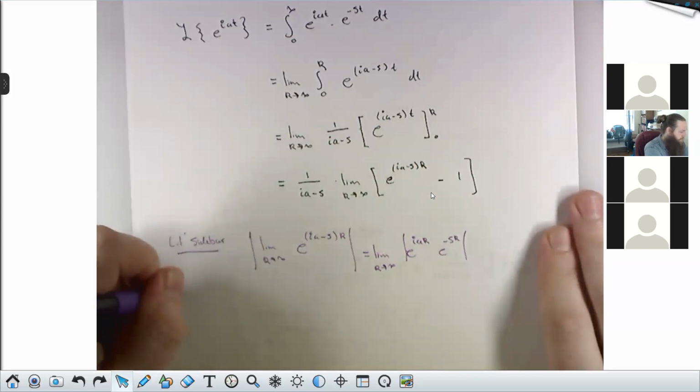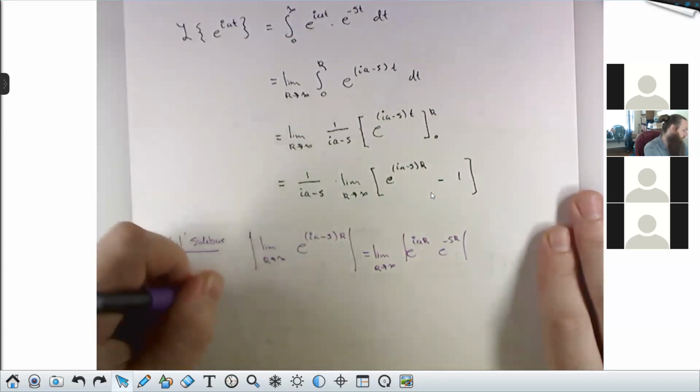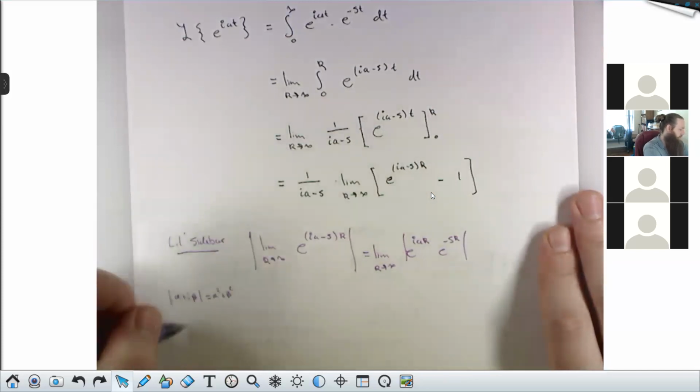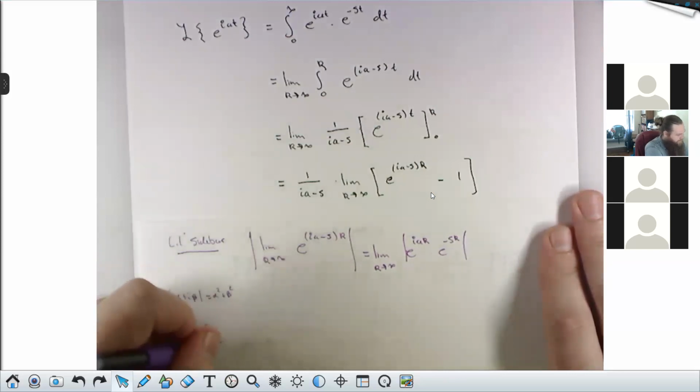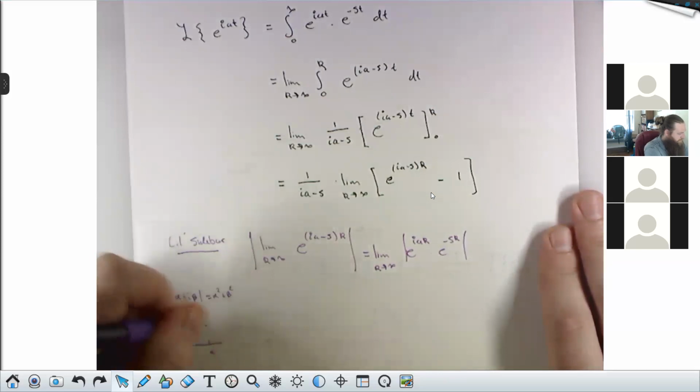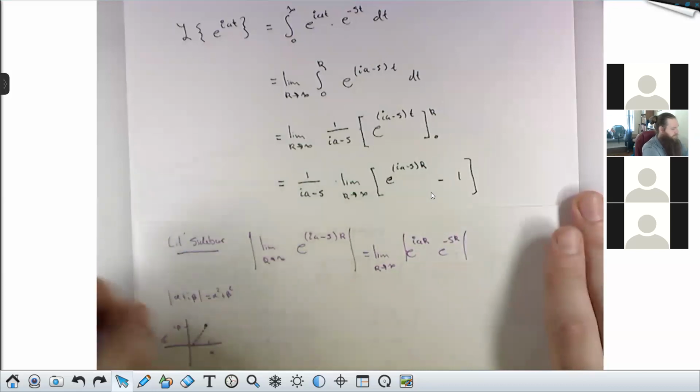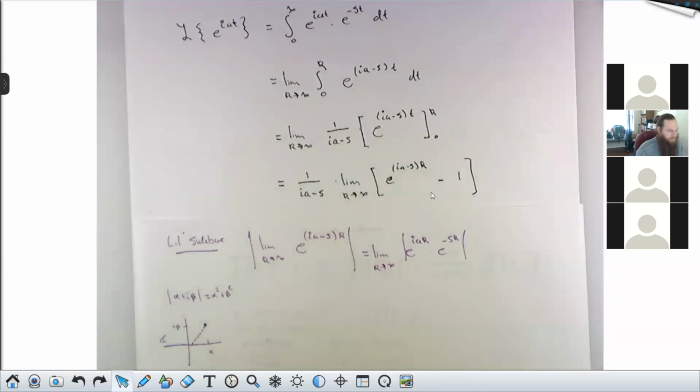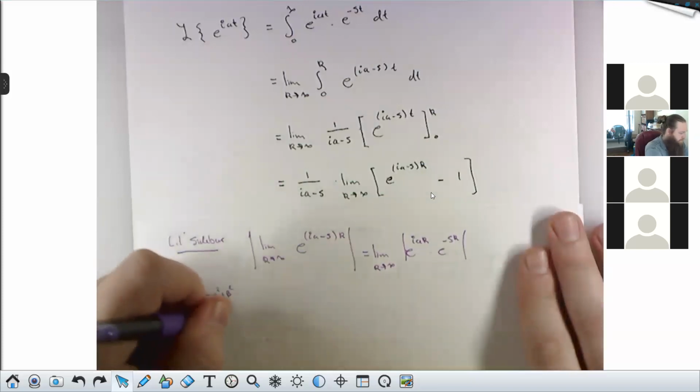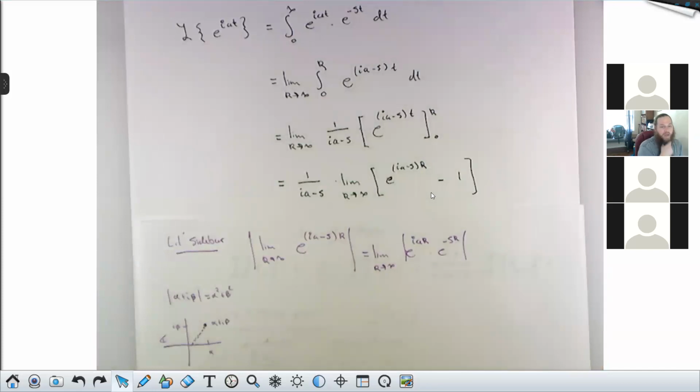The absolute value of alpha plus i beta is the square root of alpha squared plus beta squared. You can think of it as the distance from the origin in the complex plane to your complex number, alpha plus i beta. And it behaves the same way as absolute value for real numbers does. In particular, it's multiplicative.